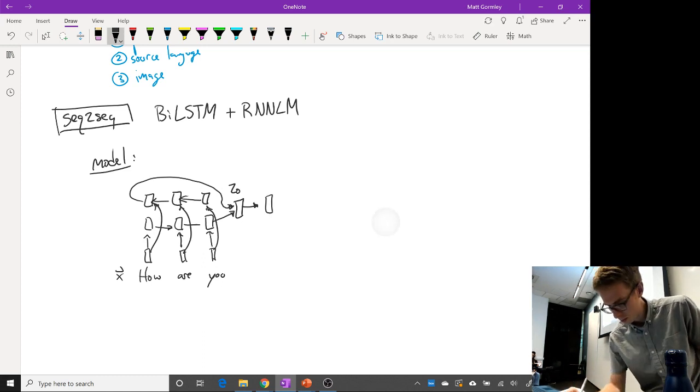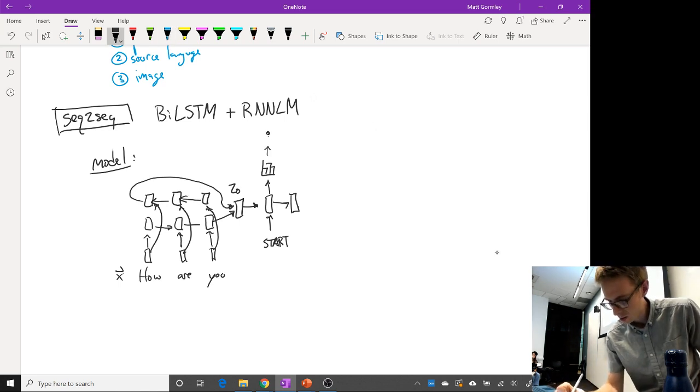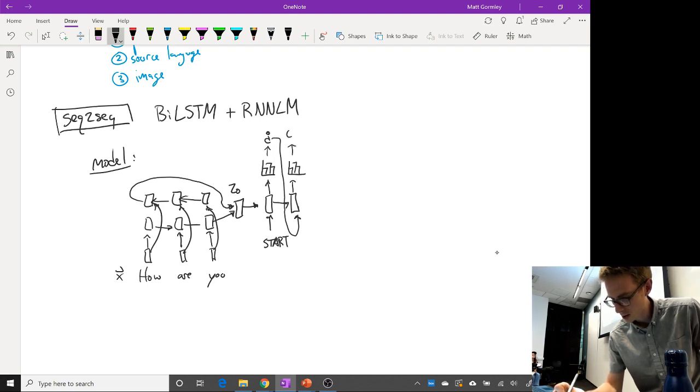And so, now we can just do as before. We feed in a start symbol, and we get out a distribution over our vocabulary. And then say out comes, if we take an argmax, some translation, and we feed that back in and get another distribution over the next word, which might come out as como.